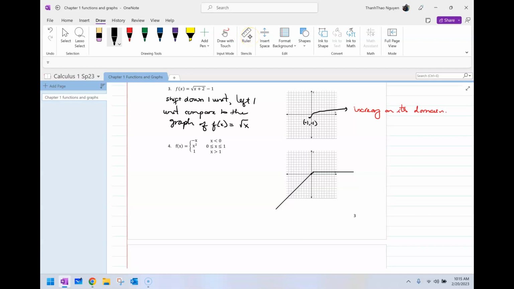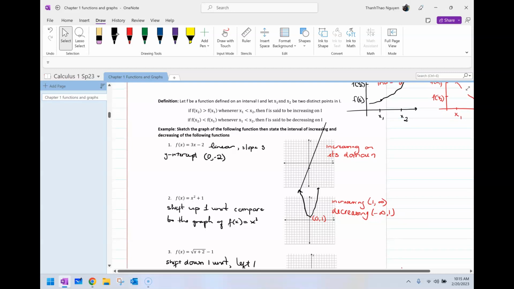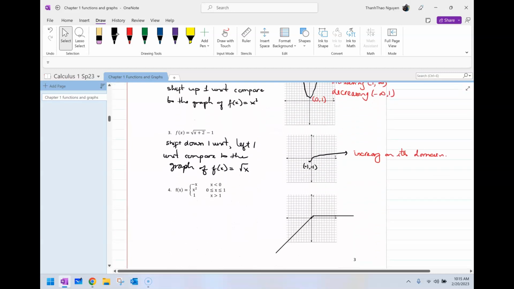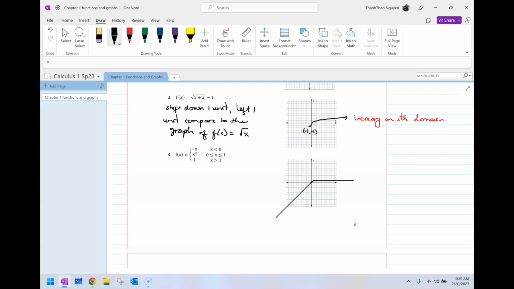Okay. So the domain of this is already... Well, we're talking about the domain? No, we're talking about the intervals of increasing and decreasing. So we can see that this graph is increasing from negative infinity to 0, union with 0 to 1.